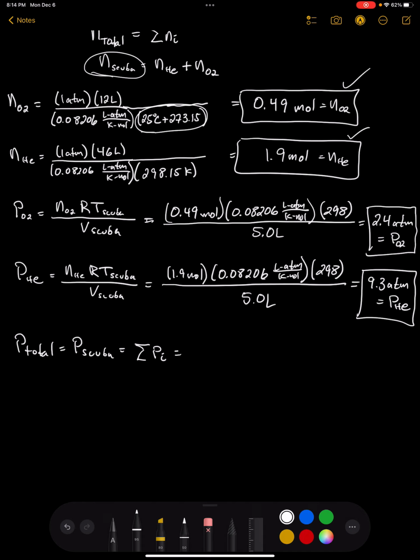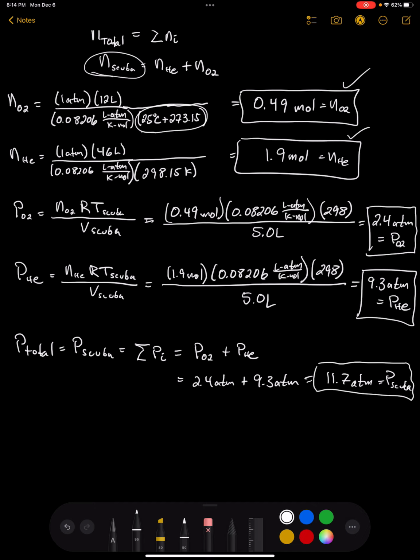And so this is simply equal to the pressure of the oxygen plus the pressure of the helium. And so this is equal to 2.4 atmospheres plus 9.3 atmospheres. And this equals 11.7 atmospheres is the final or total pressure in that scuba tank.